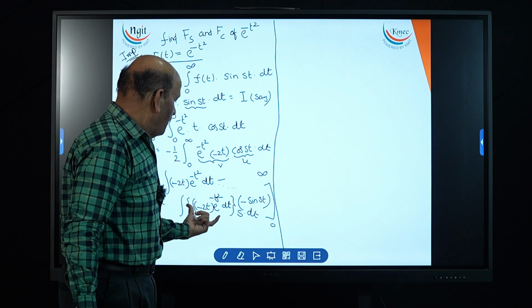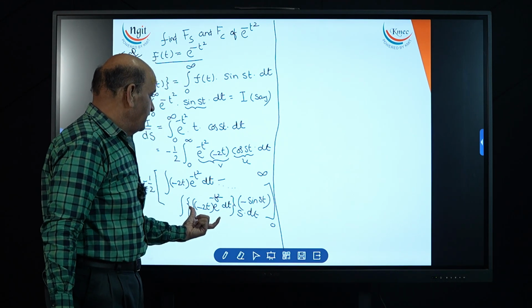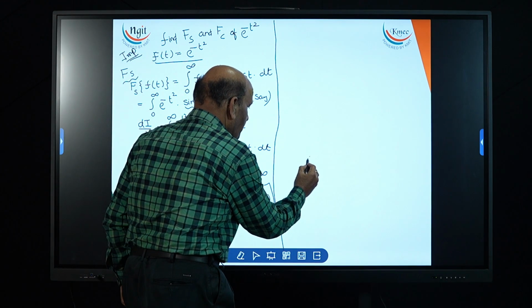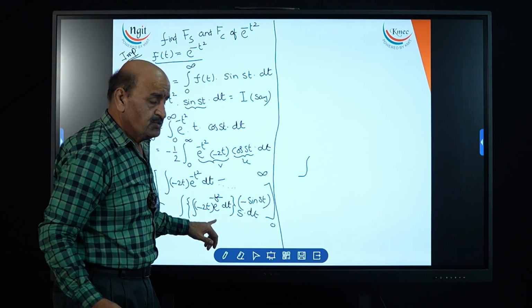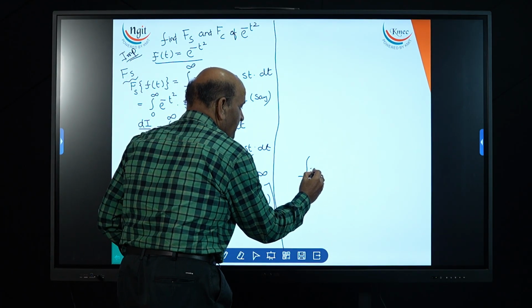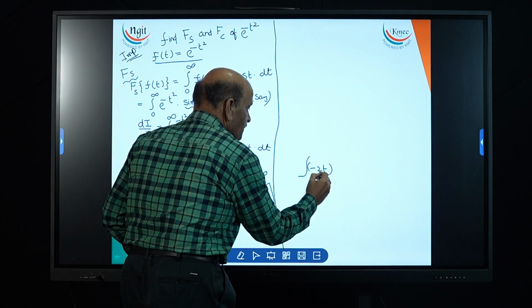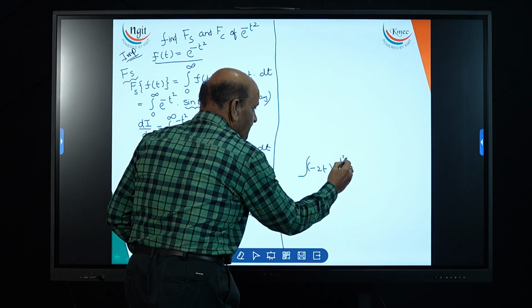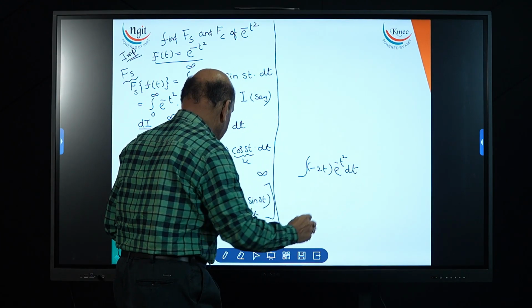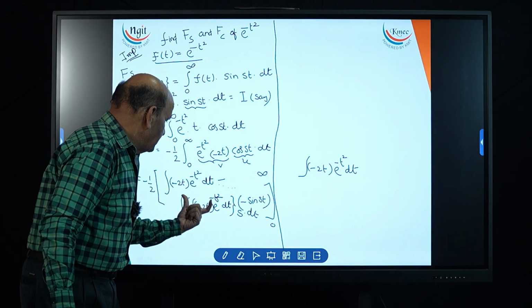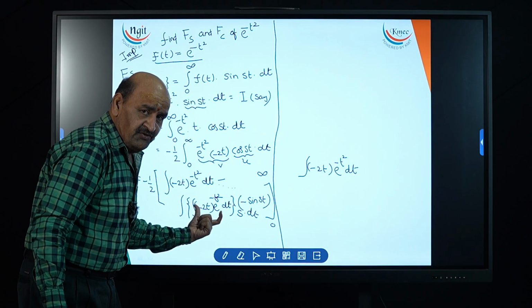Now, just look at what we have here. We have minus 2t e power minus t square dt in this integral. The same integral we have to use in the UV method of integration.